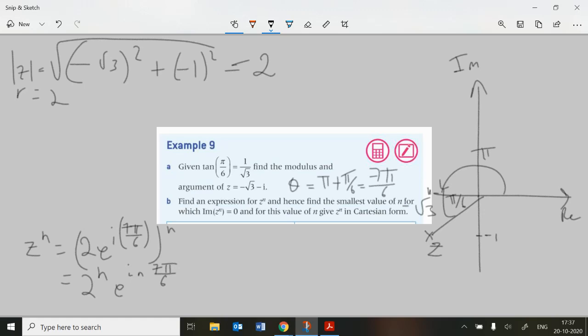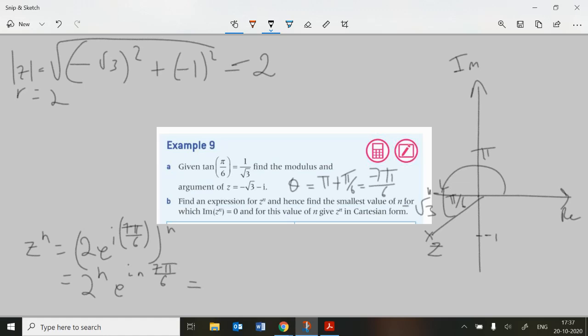Now it says find the smallest value for n for which the imaginary part of this complex number is equal to 0. So we've used the Euler's form here to work with the powers, which has been good. Now, what's the imaginary part of this? Well, I think I'm going to need to flick this back into the polar format here.